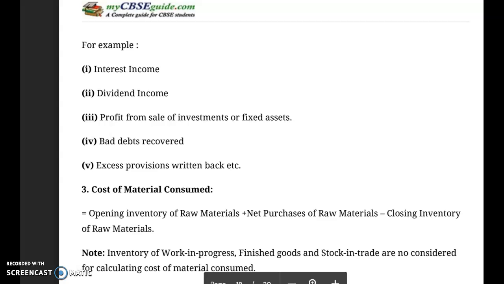In very few years have they asked for the preparation and items of the statement of profit and loss account. So your major thrust, your major understanding, should be on the items of the balance sheet. Now, in my next video, I will continue with examples from your book of D.K. Goel, showing how those items are to be shown under the various heads as per the previous year questions.